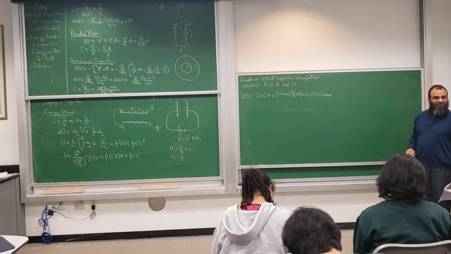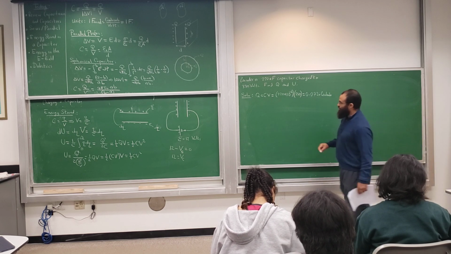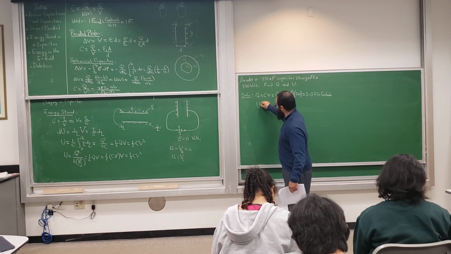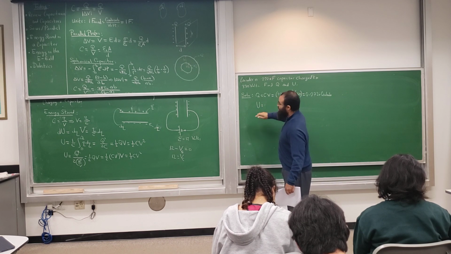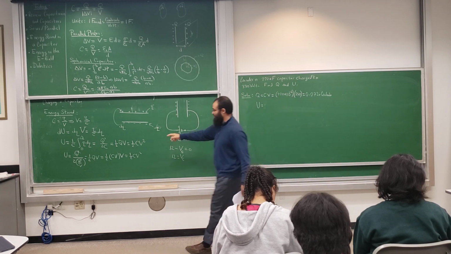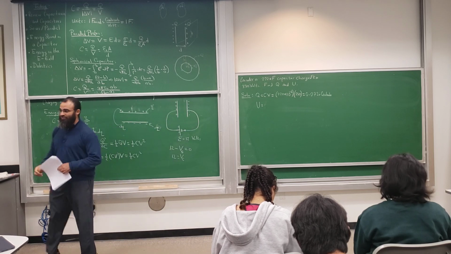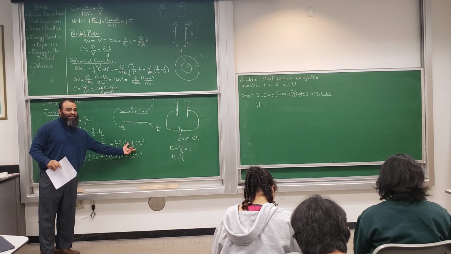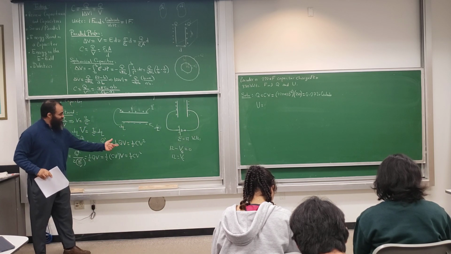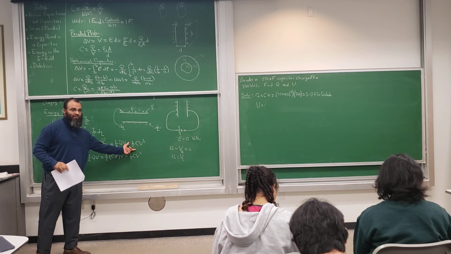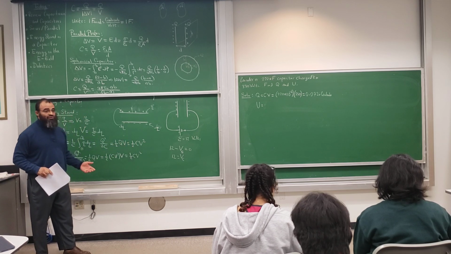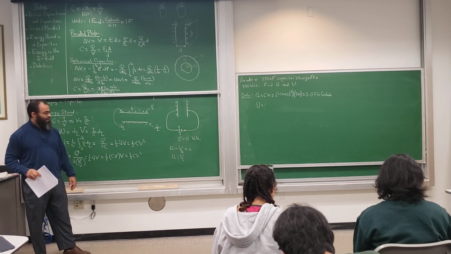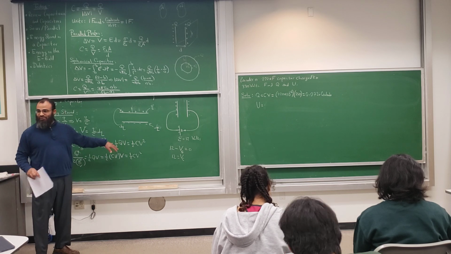Sounds good? We can do U now, right? U is 1/2. Well, you can actually choose any of these. This or this or this, up to you. This one is the easiest one to use for me because I just remember it. So I will use 1/2 CV squared. Again, feel free to check all the other ones. They're the same.